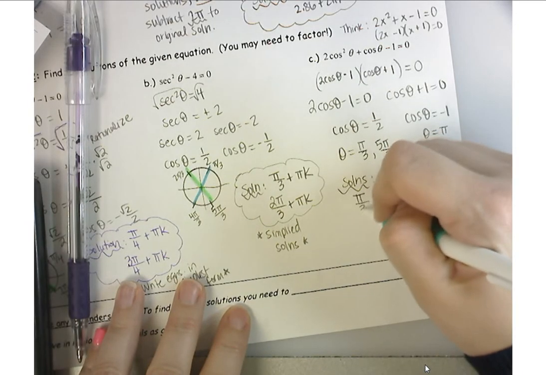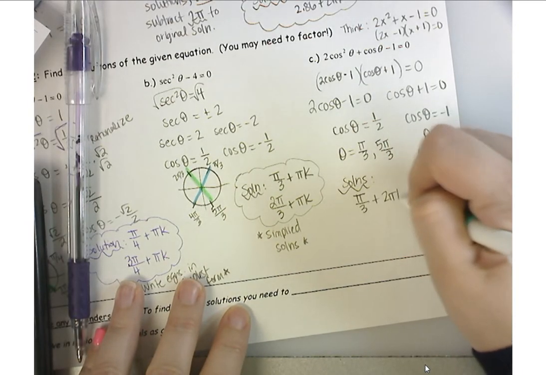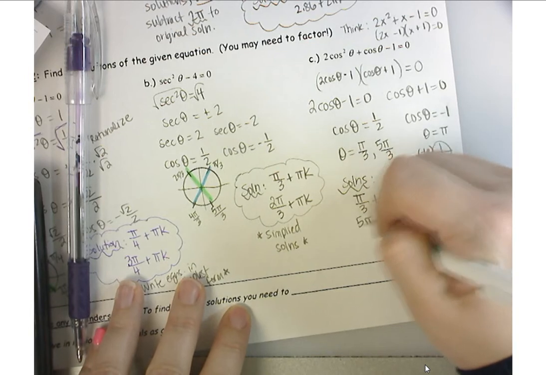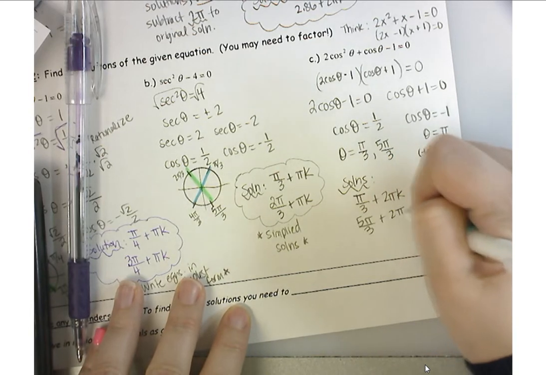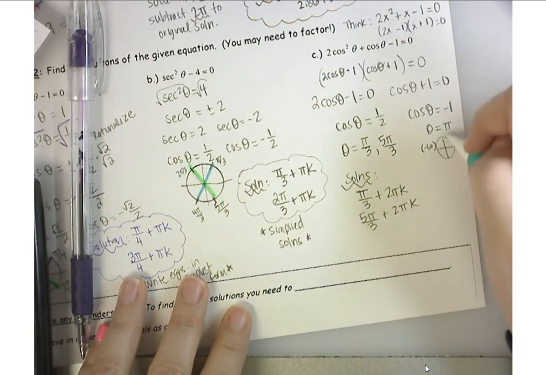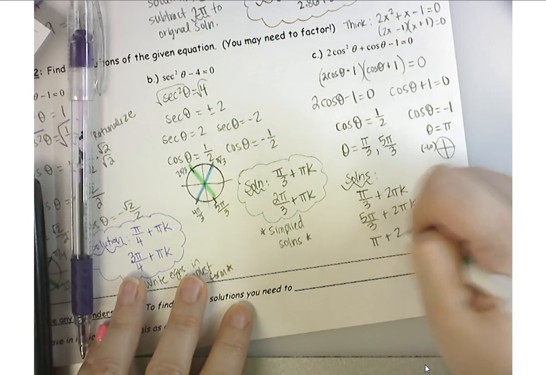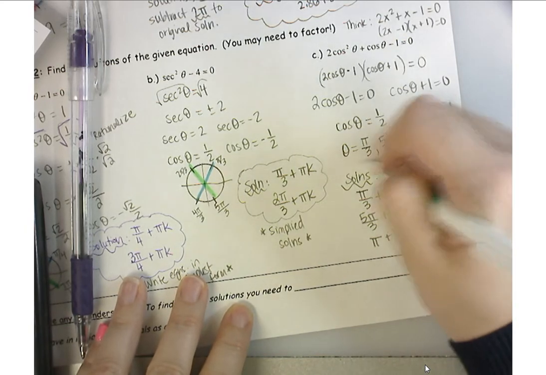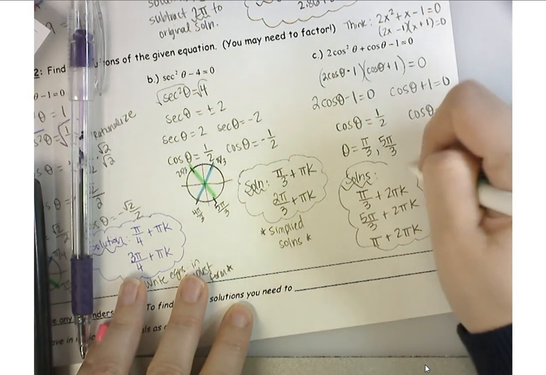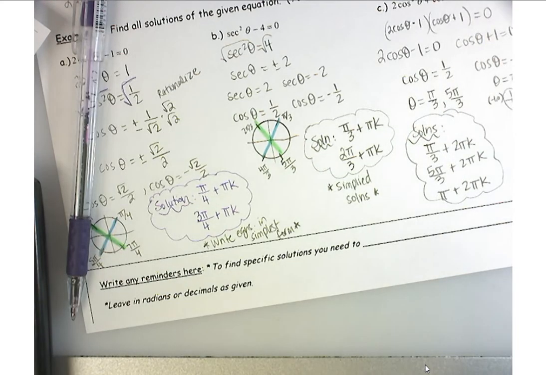So it's going to be pi over 3 plus 2 pi k, 5 pi over 3 plus 2 pi k, and then pi plus 2 pi k. Okay, so if they don't have the 180-degree relationship, you're just going to leave the 2 pi k.